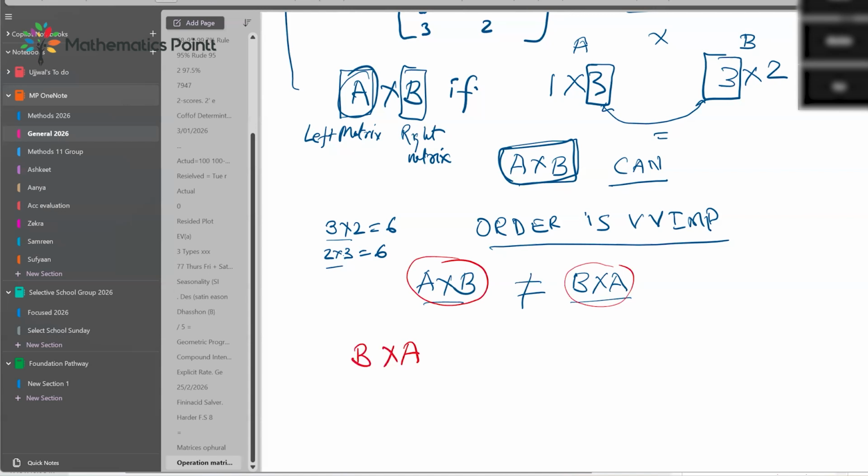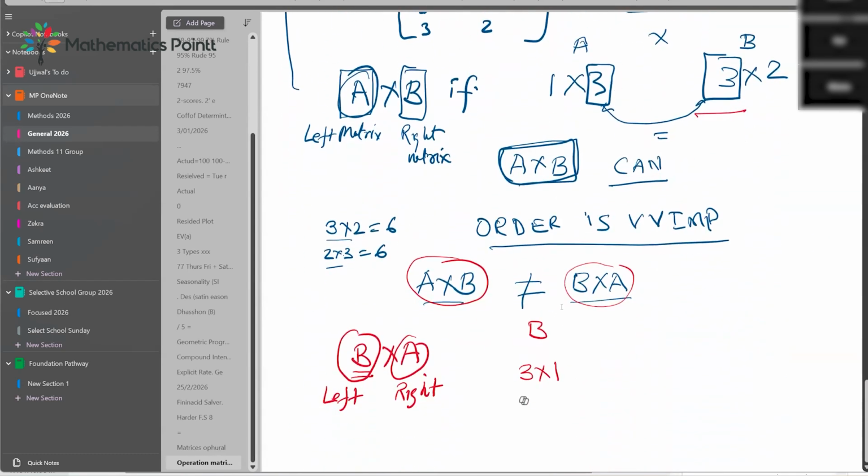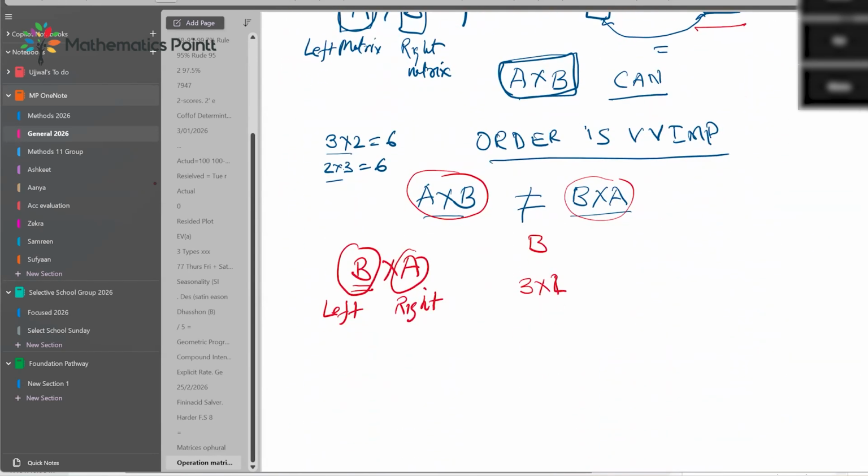My condition says the columns of the left matrix; now B becomes my left matrix and A becomes my right matrix. What is the order of B? It is 3 cross 2, whereas the order of A was 1 cross 3.